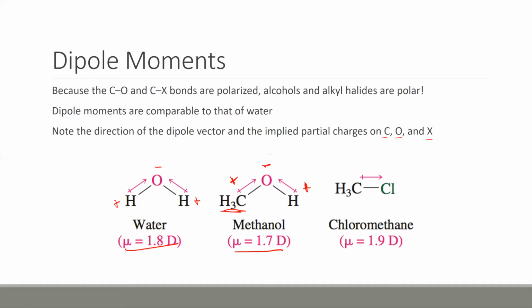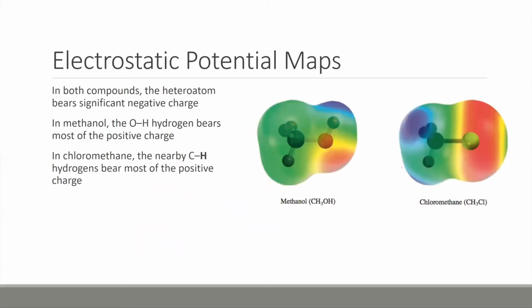Also, a single carbon bound to a halide, chloromethane, again has a similar dipole moment to similarly sized molecules. Carbon has the partial positive, and chlorine has a partial negative. So in both compounds, generally the heteroatom is going to bear a significant negative charge.